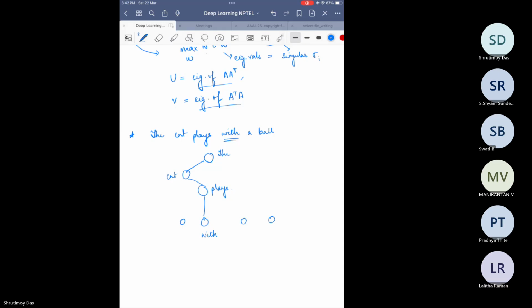So if all the leaf nodes are from my vocabulary, and all the non-leaf nodes are also from my vocabulary, how is that possible? You can see that in this path, one will be less only, even when you construct this.